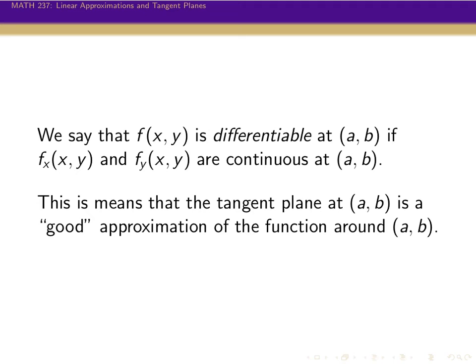Having them be continuous at the point means that this is going to be a quote-unquote good approximation for the function around there. This plane is actually going to match closely to the shape of the surface there.